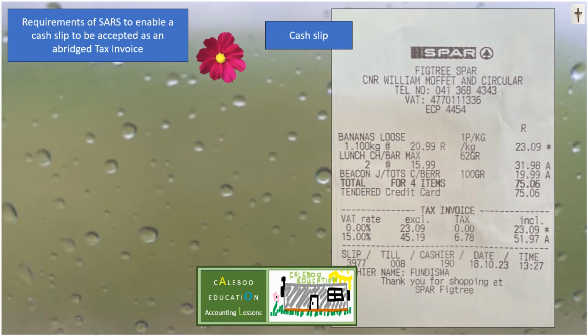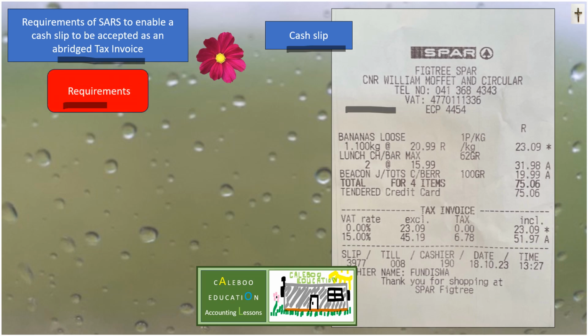On this slide I've got a cash slip. Now a cash slip can be accepted as an abridged tax invoice by SARS if the cash slip meets the following criteria.